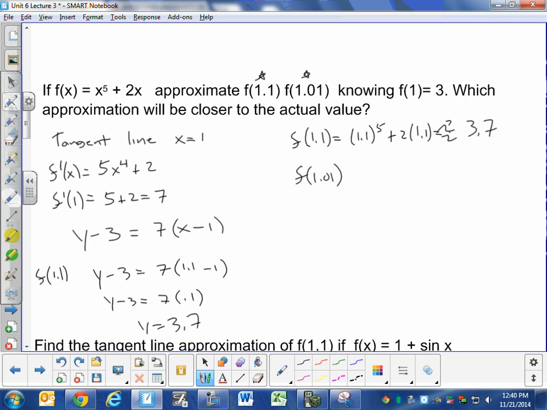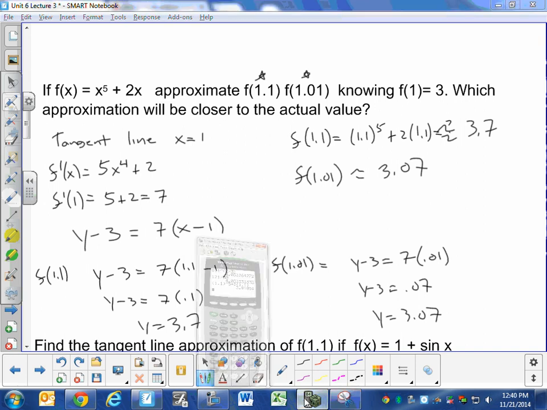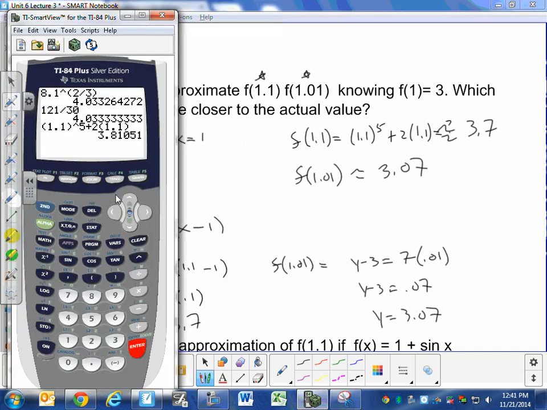So even though this was off a little bit, let's check f at 1.01. 3.07. Ah, that's better. 3.07.